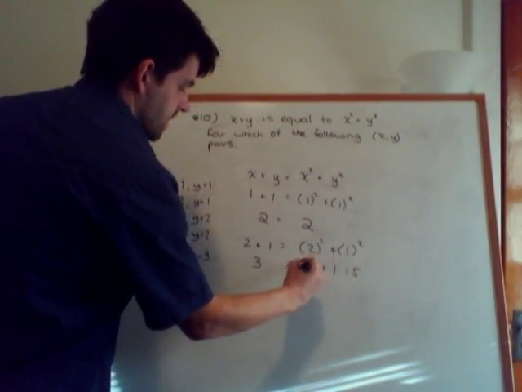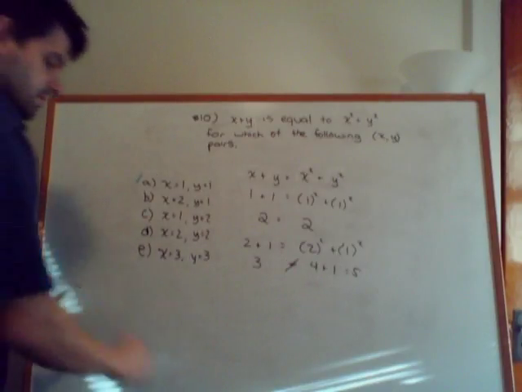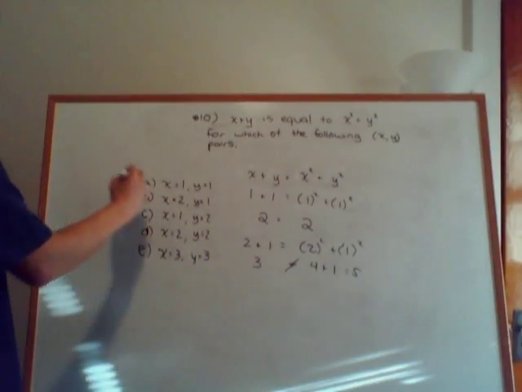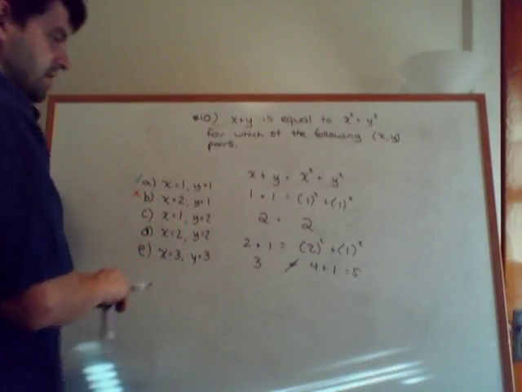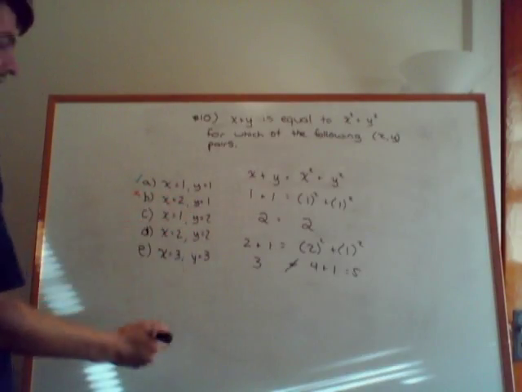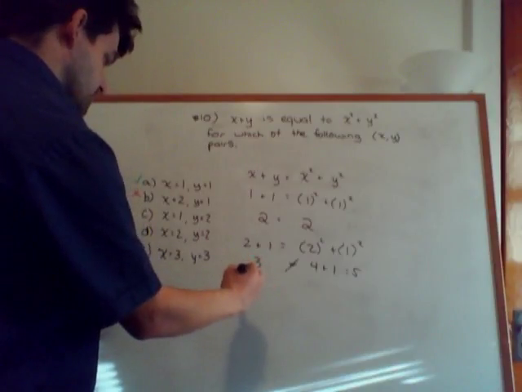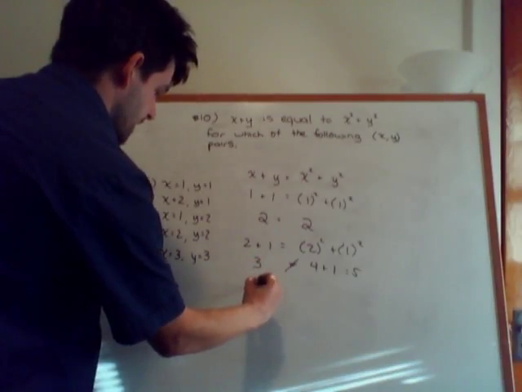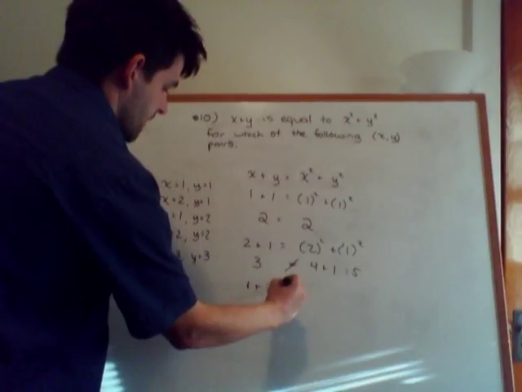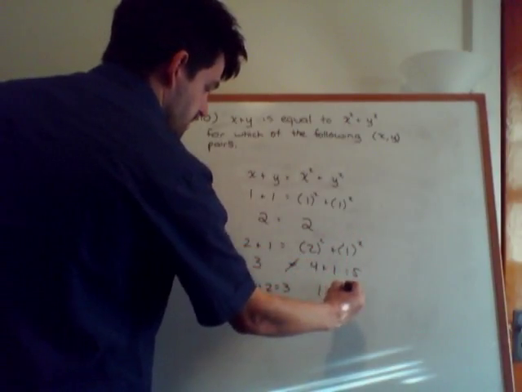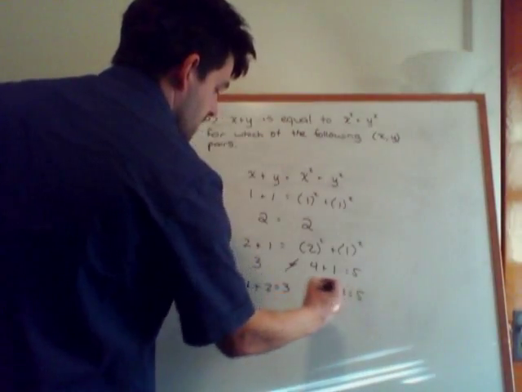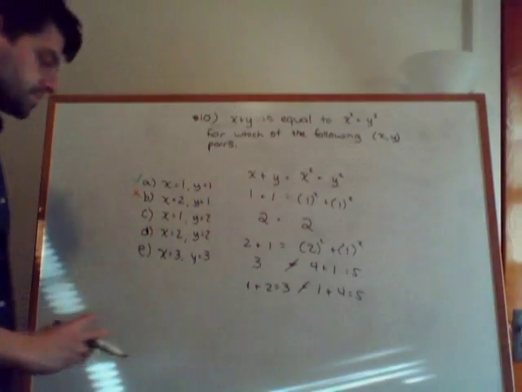That does not work. So choice B definitely does not work. Likewise with C, as it is just the inverse pair: if you chose 1 for x and 2 for y, you'd again get 3 on this side, and on this side you get 1 plus 4 equaling 5, which is not equal.